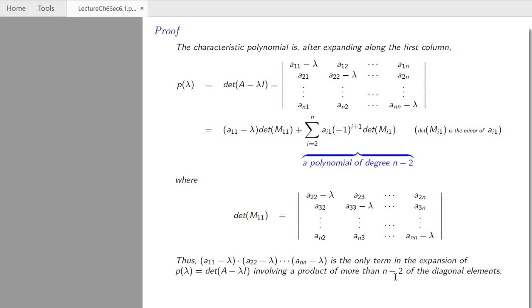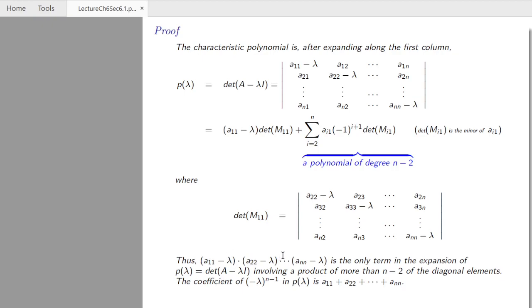Now let's look at the power lambda to the n minus 1. In this case, the coefficient for negative lambda to the power n minus 1 is A11 plus A22 plus up to ANN. Just expand this product.